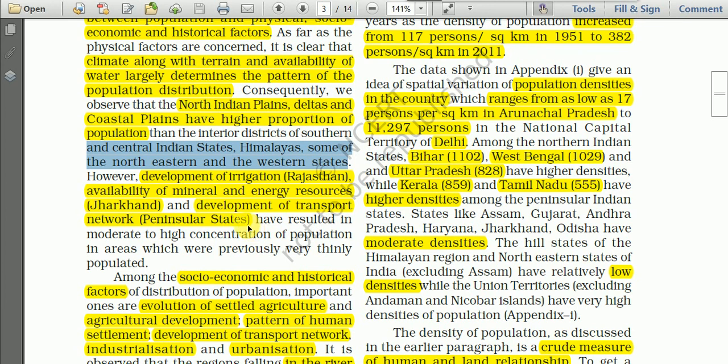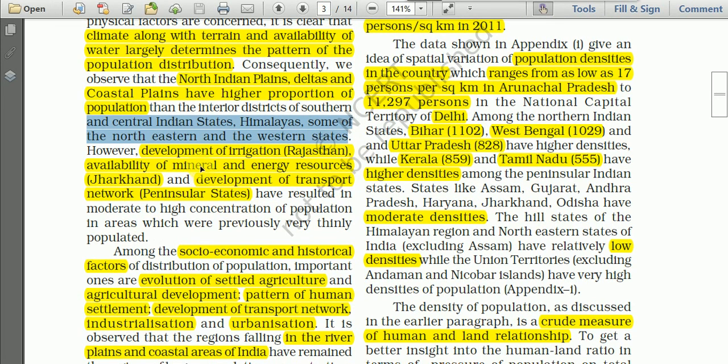Then development of irrigation in Rajasthan, that is the development of the Indira Gandhi Canal. Then availability of mineral and energy resources in Jharkhand state. Development of the transport network in the peninsular states has resulted in a moderate to high concentration of population in areas which were previously thinly populated.